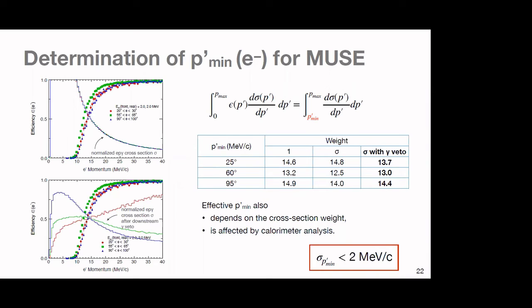And if I use this equation and solve for P prime min, we get results very consistent with what we just would have guessed from the graph, about 14 MeV/c in momentum. But as you see in this relationship in the equation, the cross-section enters, so we do have slight modifications because the cross-section is changing as we pass over that discrimination threshold.